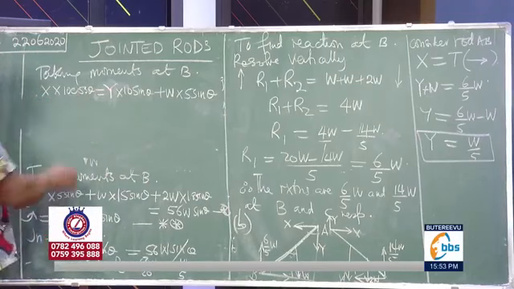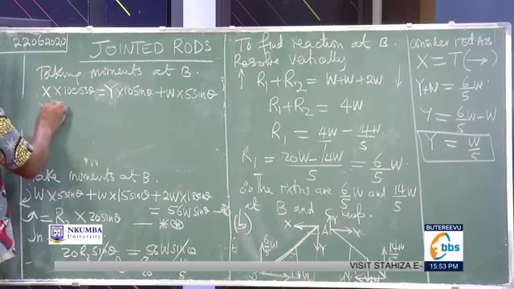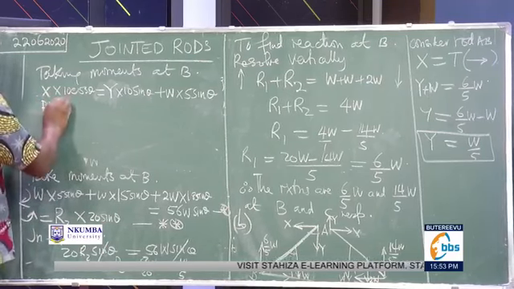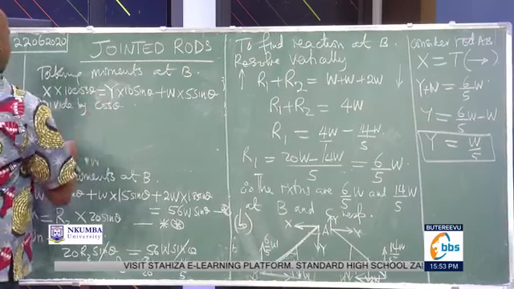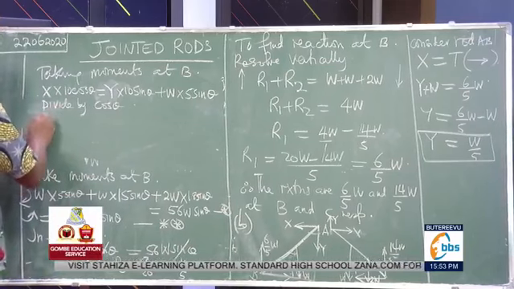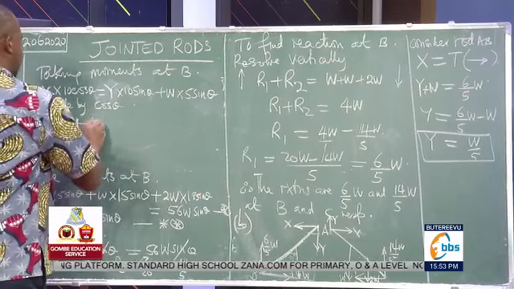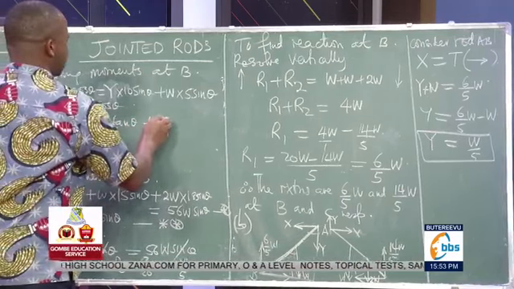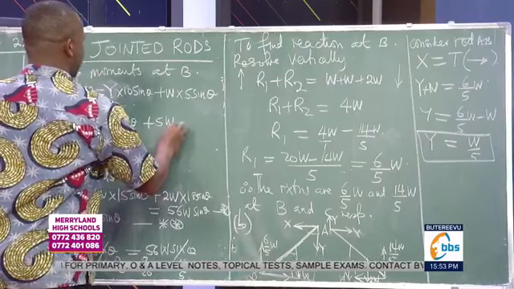If I remove what is common, this is X. I will divide through by sine, by cos throughout. So I'll have 10X equals 10Y tan theta plus 5W tan theta.